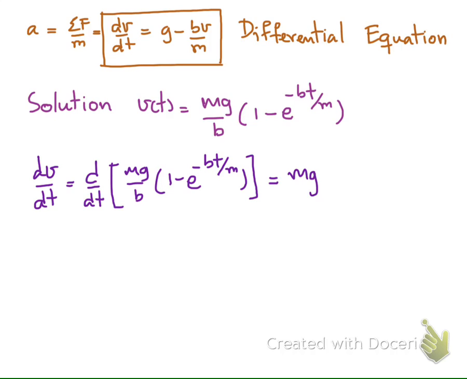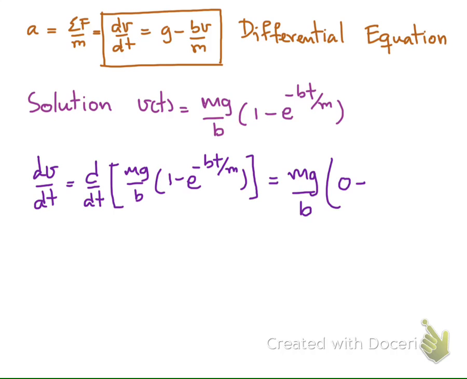So this will equal mg over b times the first term, which is 0. The second term, you calculate the derivative of e to the power of something. It will equal e to the power of this term also.